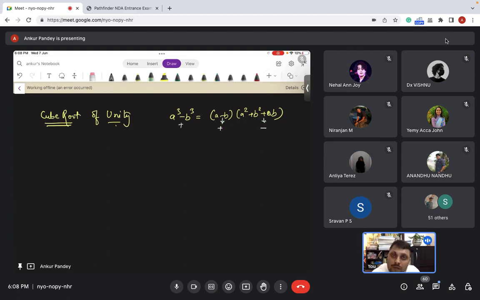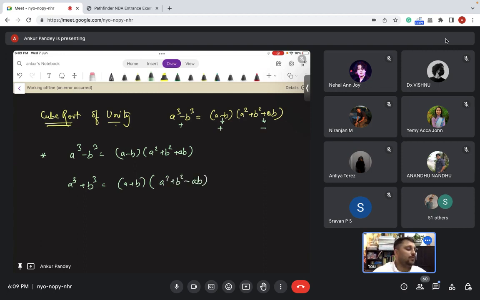So if you do not remember, please make a note that a cube minus b cube is (a minus b)(a square plus b square plus ab), whereas a cube plus b cube is (a plus b)(a square plus b square minus ab). Please make a note of these two. Understood?